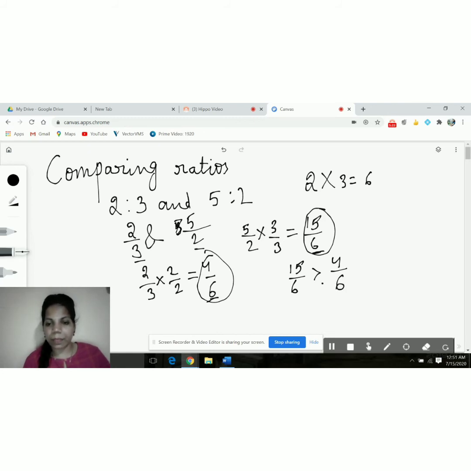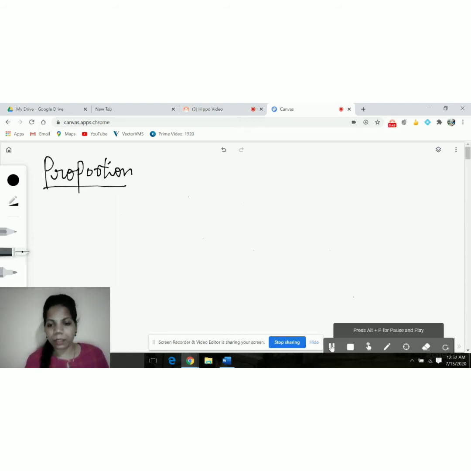What is the ratio of 15 by 6? 5 is to 2, right? So 5 is to 2 is greater than 2 is to 3. In this way, we have to compare ratios.